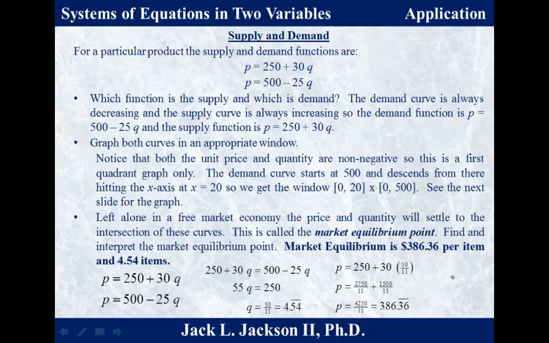Okay, so if we sort of round this off, P is the unit price at the market equilibrium point. So that's the Y value of that curve, and so that is $386.36 per item. And how many items? Well, about 4.54 items.